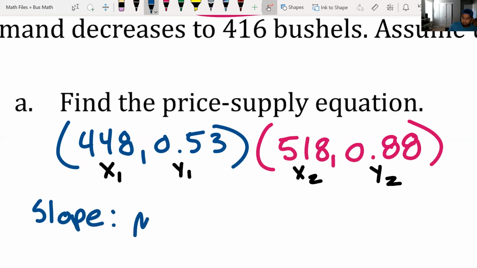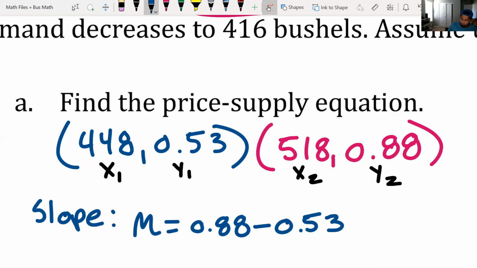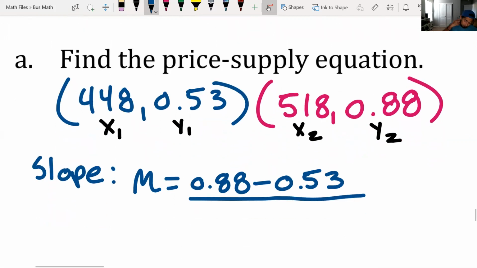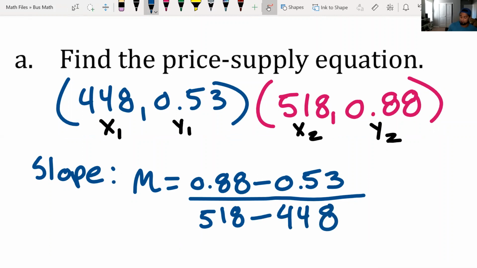And slope is M equals Y2, which is 0.88 minus Y1, which is 0.53, over X2, which is 518, minus X1, which is 448.